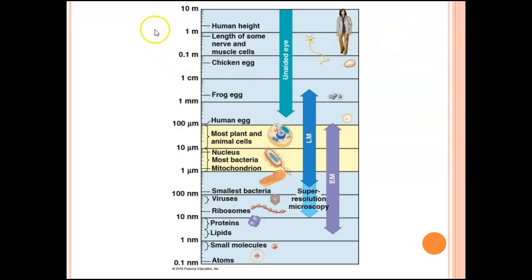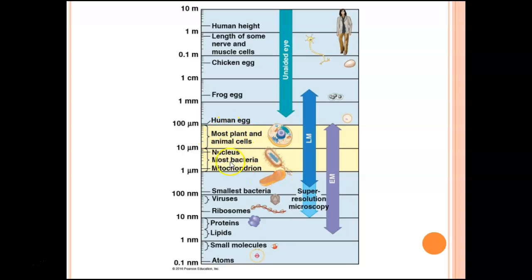First, just a picture showing scale. Our unaided eye can see just about to a human egg cell. Not quite, though. And with microscopy, you can see smaller items.